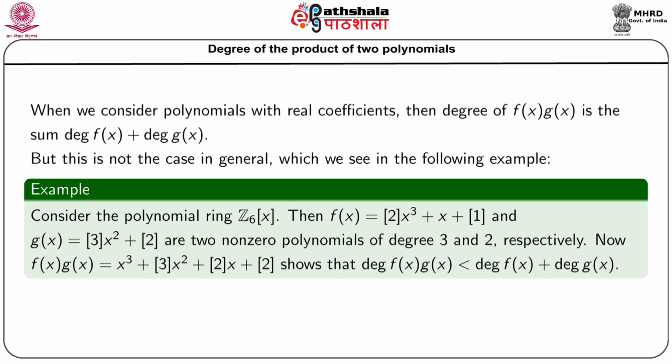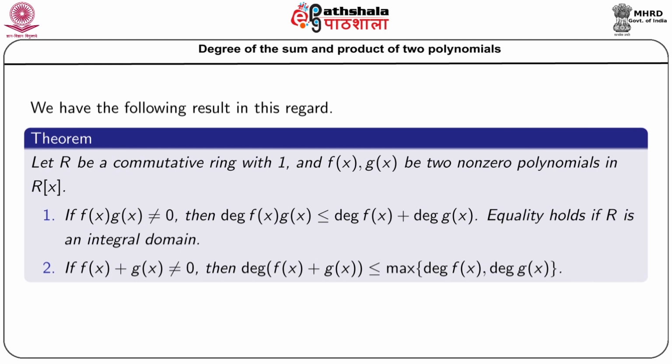Actually, this follows from the fact that for any x, x^m times x^n equals x^(m+n). From this fundamental law of indices, it follows that the degree of f(x)g(x) can never exceed the degree of f(x) plus the degree of g(x). Formally, these two observations can be stated as follows.